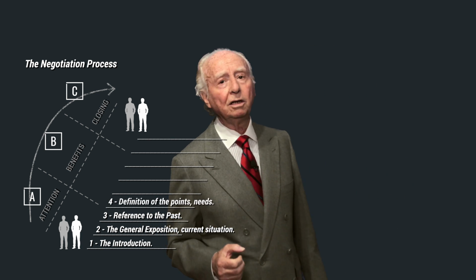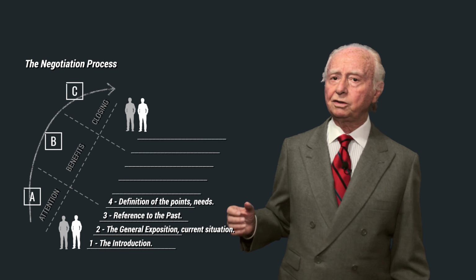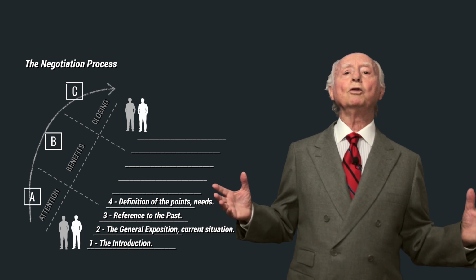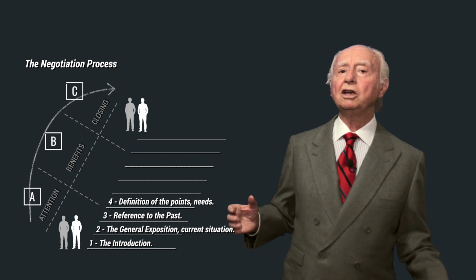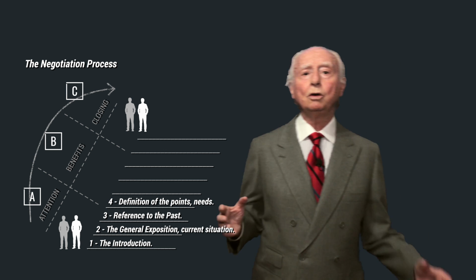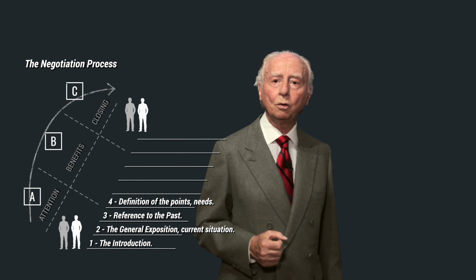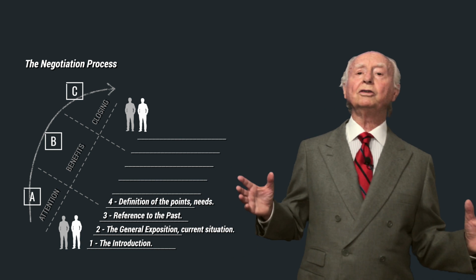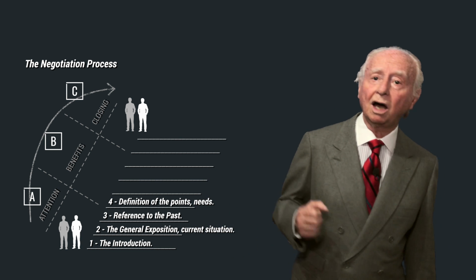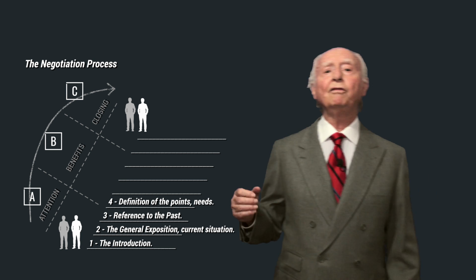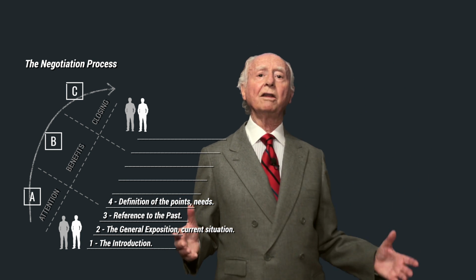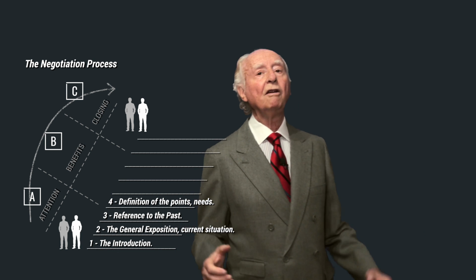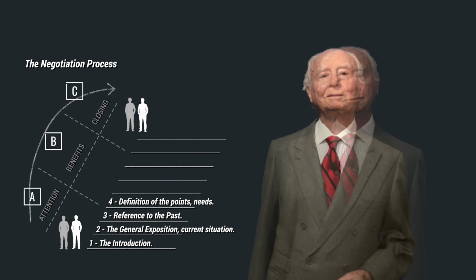Stage 4, definition of the points, needs according to how both parties see them. This stage is the key moment to use in an intelligent way a good question technique, which allows us to deepen and define the real interests, desires, and needs as both parties feel them.